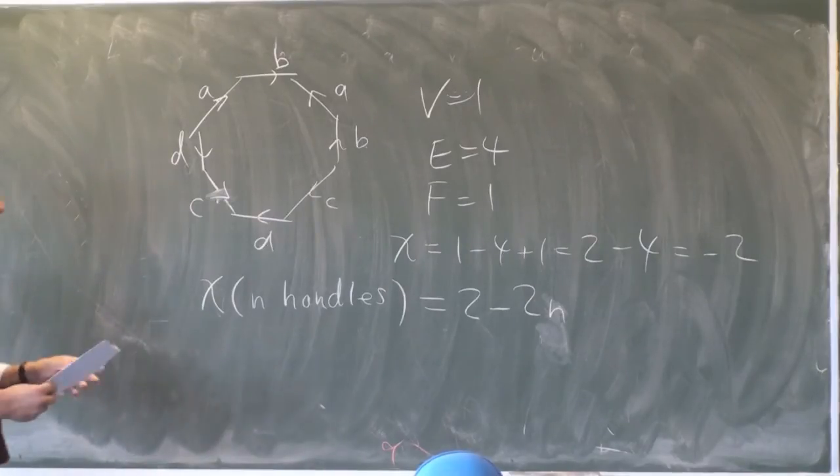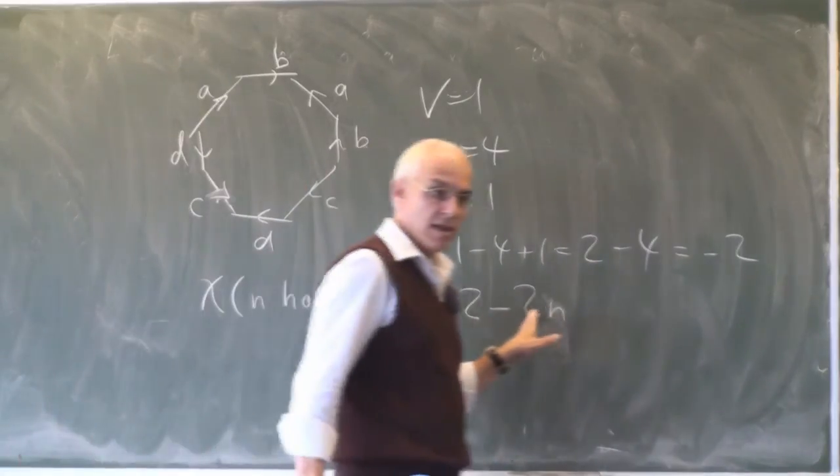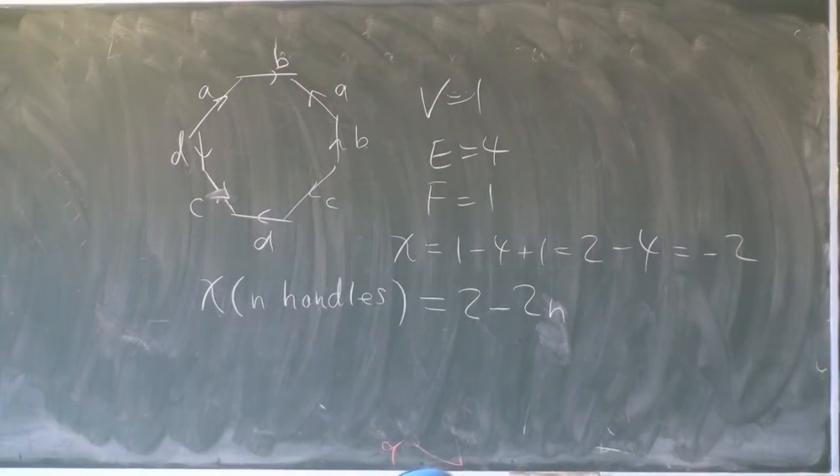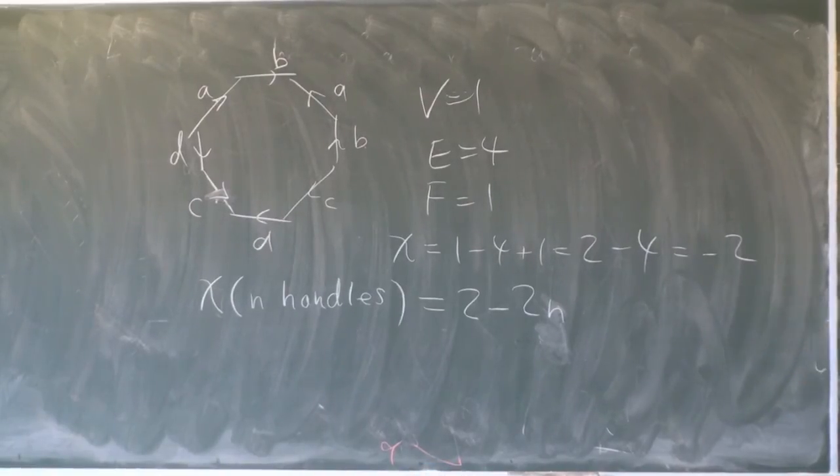In particular, if we know the orientability, then we know whether we're in this situation or in this situation. Then we can find the number of cross caps or the number of handles from the Euler number. Right? You just invert this formula or invert this formula depending on whether it's orientable or non-orientable.